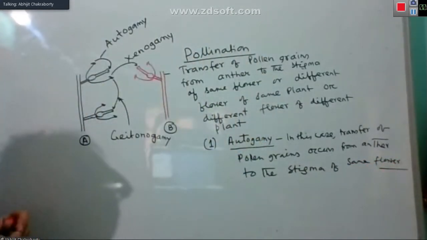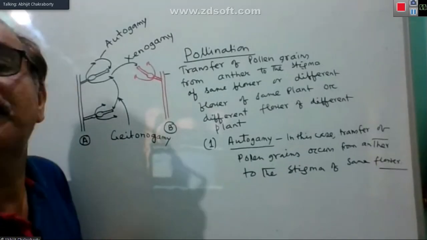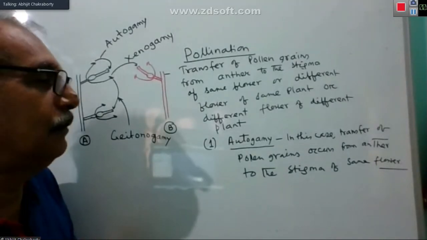In this case, transfer of pollen grains occurs from anther to the stigma of same flower. Then you can call it autogamy.